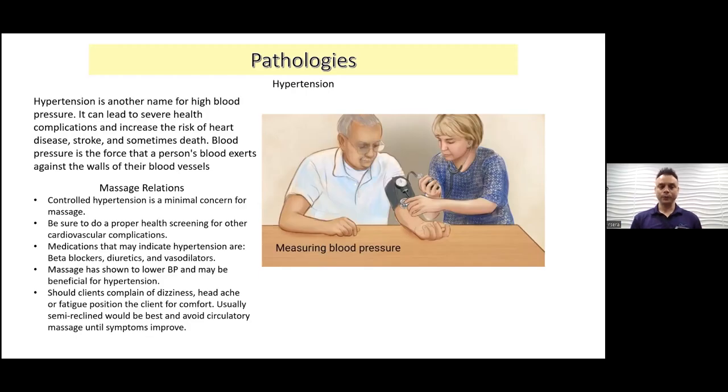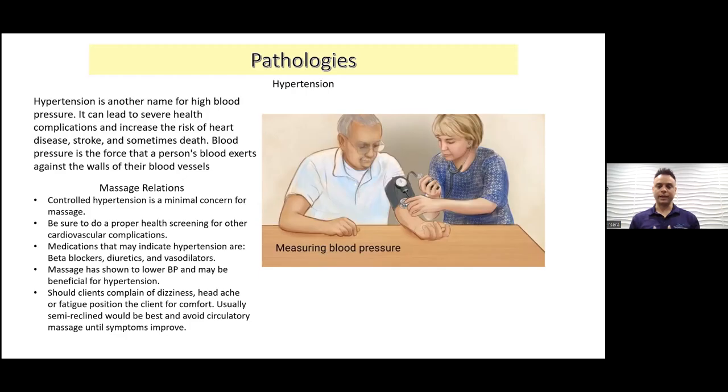Another thing to consider is that lying flat, like on a massage table, can actually increase blood pressure. So in some cases, if your client's blood pressure is a little high that day, even if they had their medication, it might be best to opt for a shorter massage and use a chair as well, right? Because the chair won't raise the blood pressure as much as lying on the table.